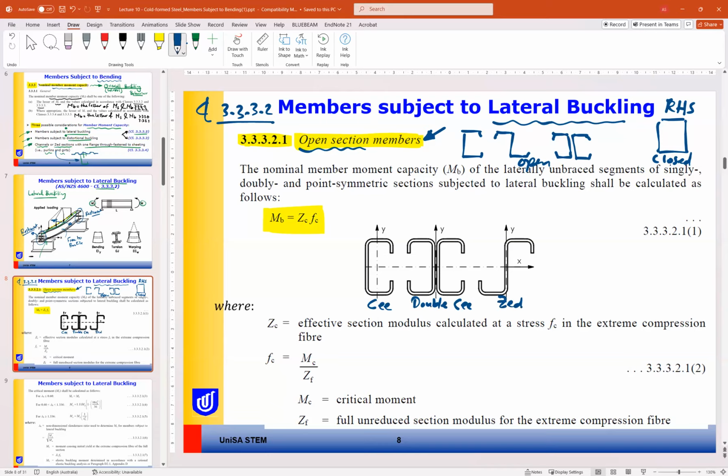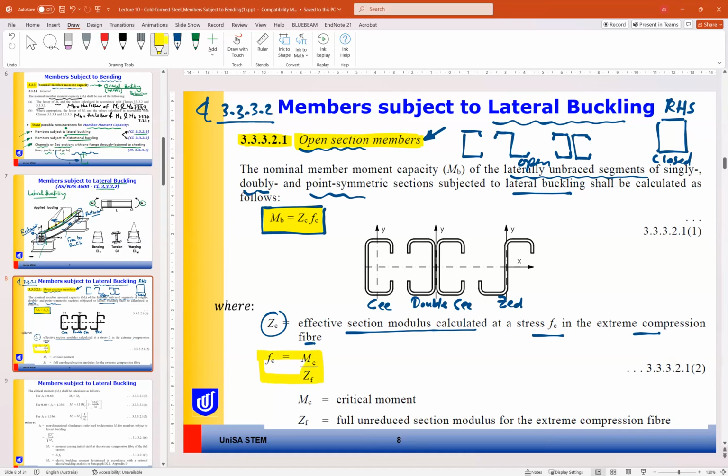The member capacity for a laterally unbraced segment of a singly, doubly or point symmetric section subjected to lateral buckling shall be calculated as MB equals ZC times FC, where ZC is the effective section modulus calculated at stress FC in the extreme compression fiber. So how do we find FC, the critical stress? It is equal to MC divided by ZF.